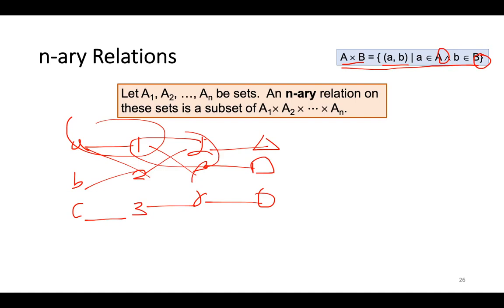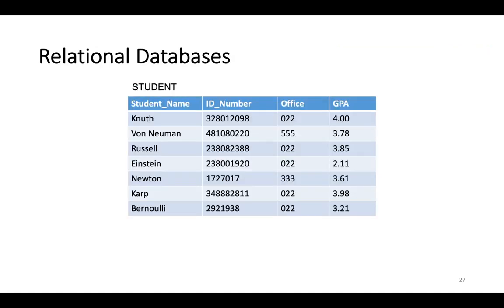Okay, let's look at an example of this relation. In a database, we can use this kind of relation. So here is a student table. It has student name, ID number, office, and GPA. So we can store all the information of a student for this office and GPA.